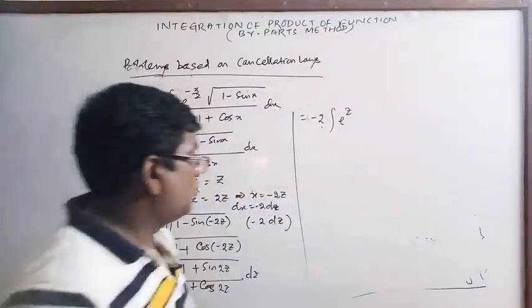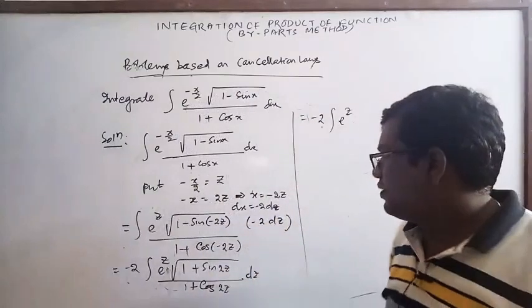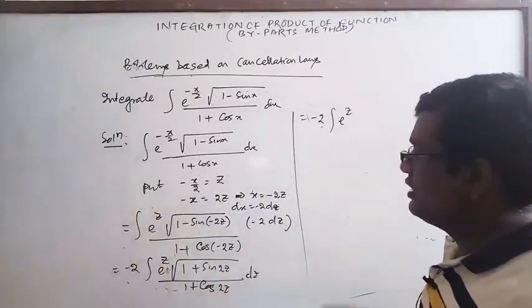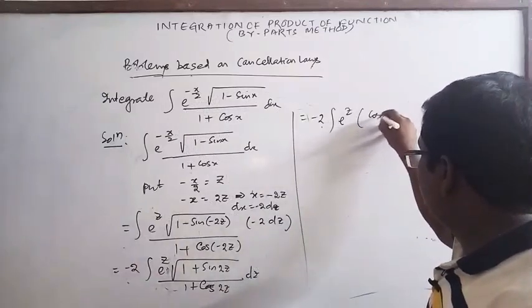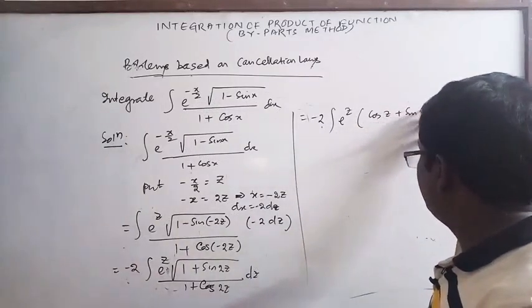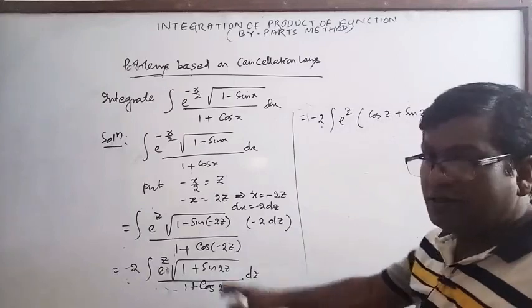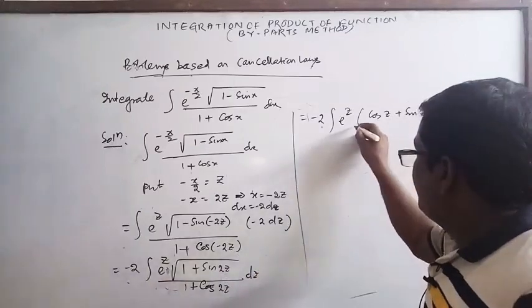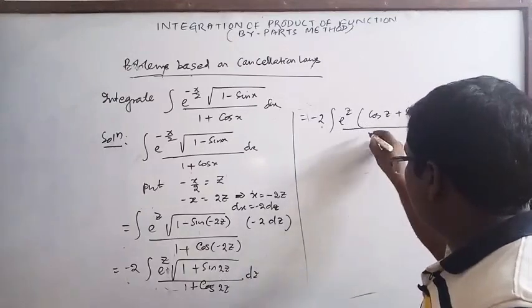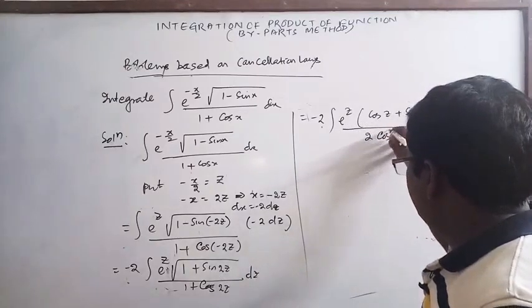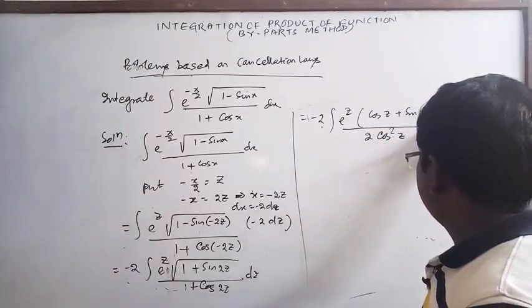As you know the formula, root over 1 plus sin 2z is cos z plus sin z, divided by, what is the formula here, 1 plus cos 2z, that is 2 cos square z, dz.